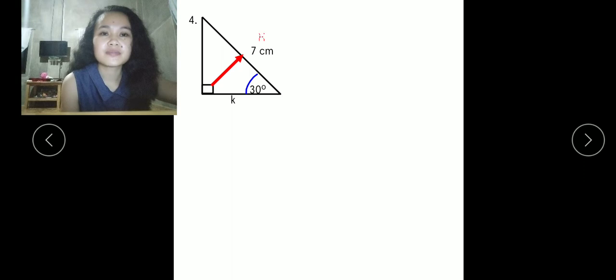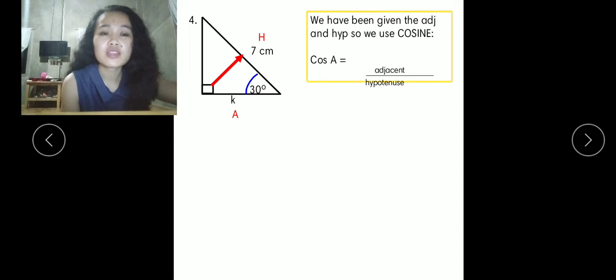So example. Identify the labels. We have 7 centimeter as the hypotenuse and k as the adjacent, and our theta given is 30 degrees. So we need to use cosine theta, which is equal to adjacent over hypotenuse. Copy the formula, then substitute, then cross multiply.